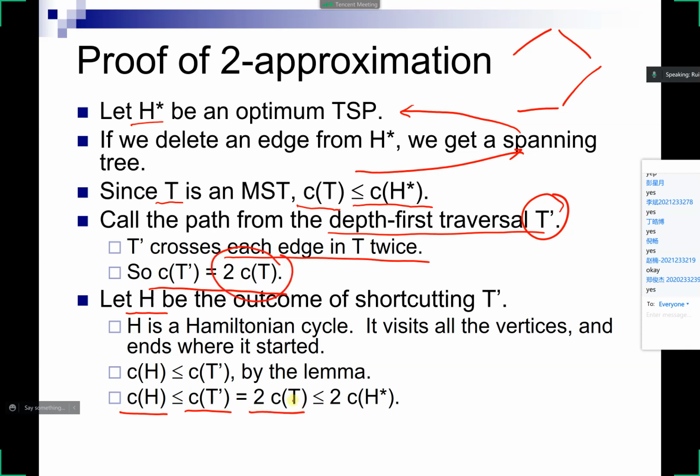And the MST, which is this T over here, has cost no more than the cost of the optimal TSP. Therefore, our tour, our Hamiltonian cycle, costs no more than 2 times the cost of the optimal TSP. So that is the proof. Any questions about this?